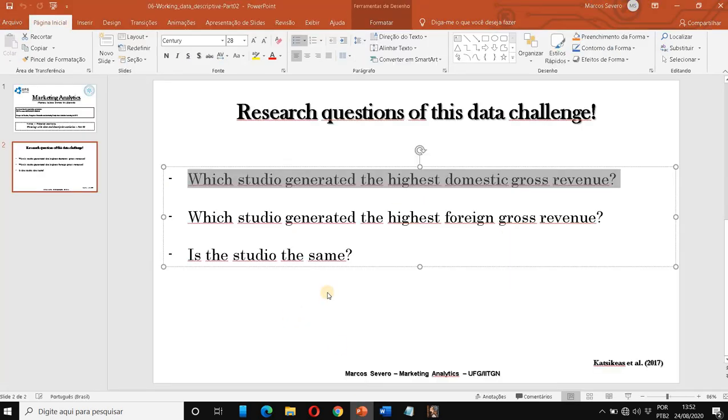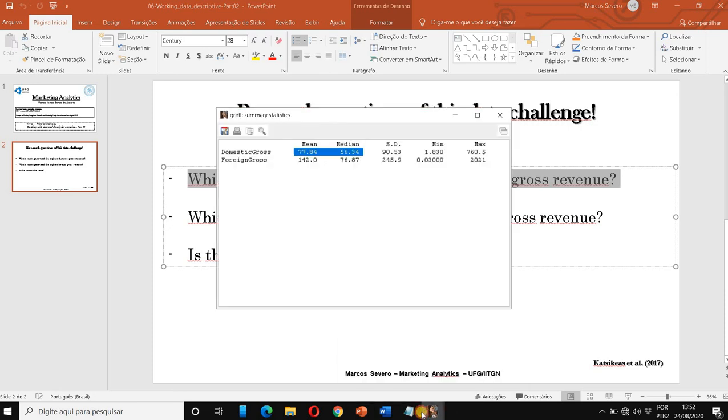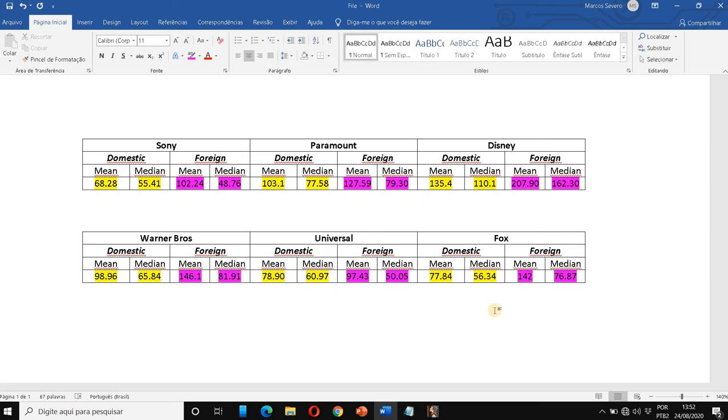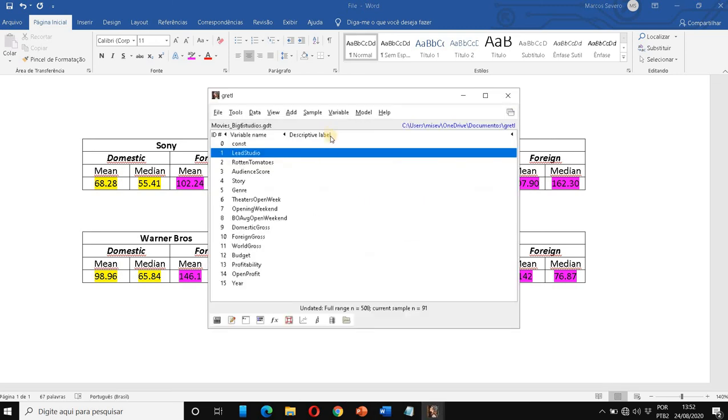Okay, so answering the third question, whether the studio is the same, yes. Okay, it's the same. We were talking about Disney, right? So I finish the lecture with this analysis, but you can go further on that. Have a look here. Let me go back.